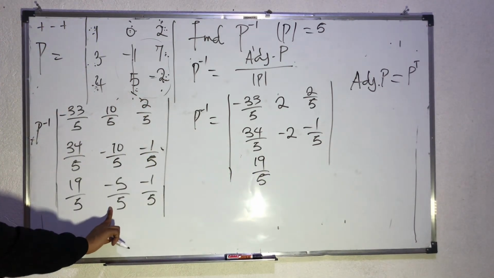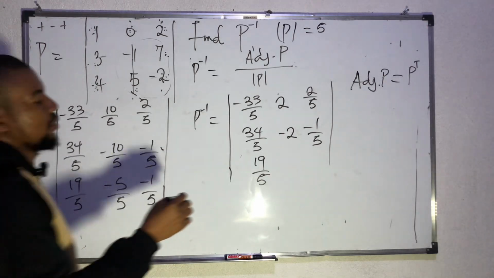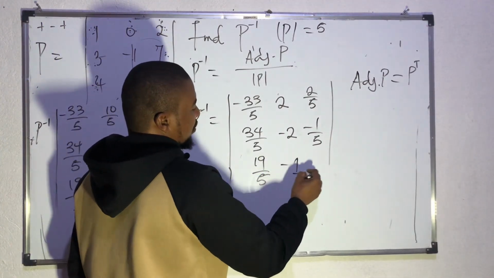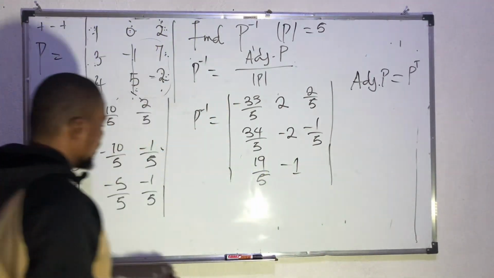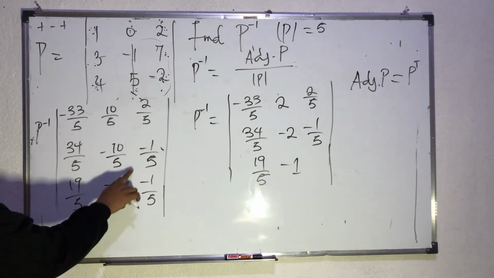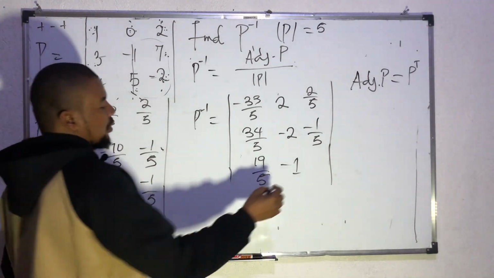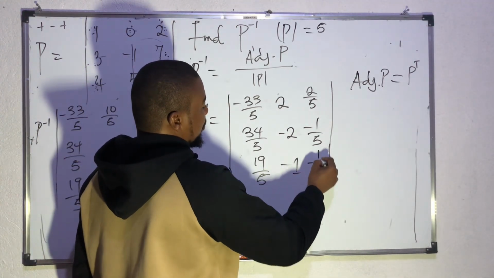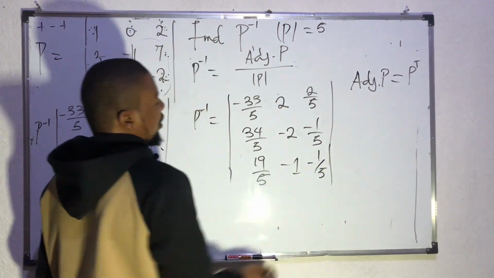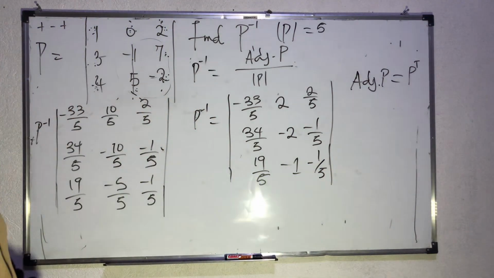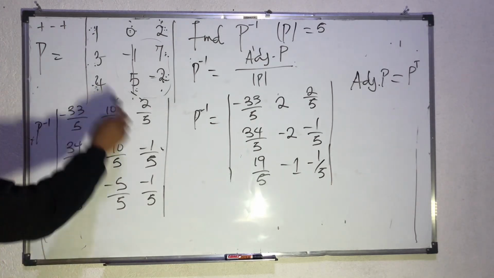Negative 5 divided by 5 gives us a negative 1. And lastly, these two cannot divide themselves. Therefore, we leave them as they are. We have negative 1 over 5. This now becomes the inverse of the matrix P.